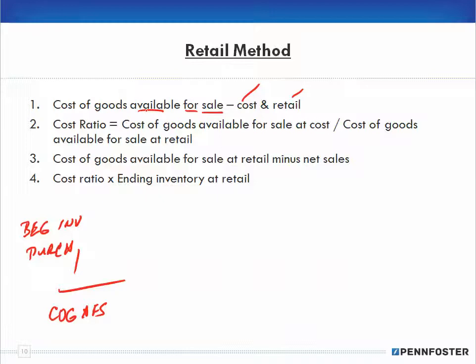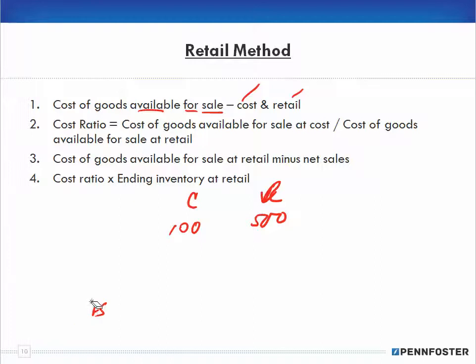And this idea of cost of goods available for sale at retail means that, let's say I bought a table at 100, and I'm selling it for 500. That's what at retail means, because this was our cost and this is our retail. So it's basically the same concept, except instead of using what our costs are, we're using the figures of what we're going to be selling things for. So you need those two figures.